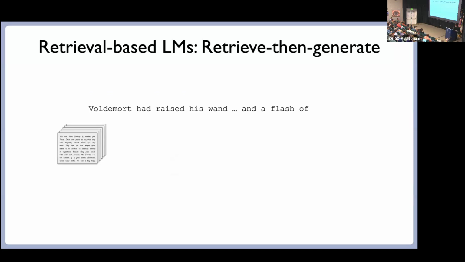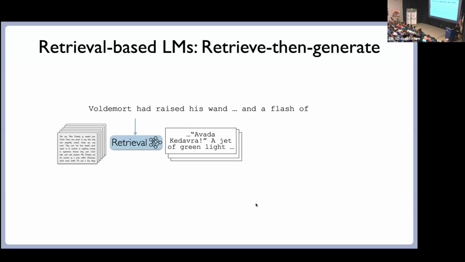So that's a brief overview of the benefits of retrieval-based models, but how do we actually implement that? Simply put, it's a two-stage pipeline: retrieve, then generate. Given a text input like this and a data store, which is a large collection of text documents or text passages, we can use a retrieval system to retrieve a set of documents or passages that are most relevant to the text input.